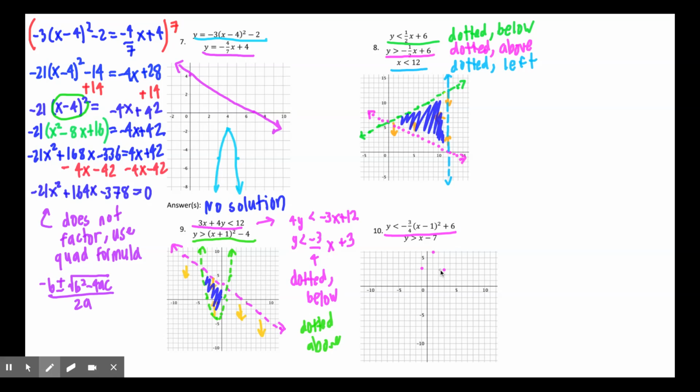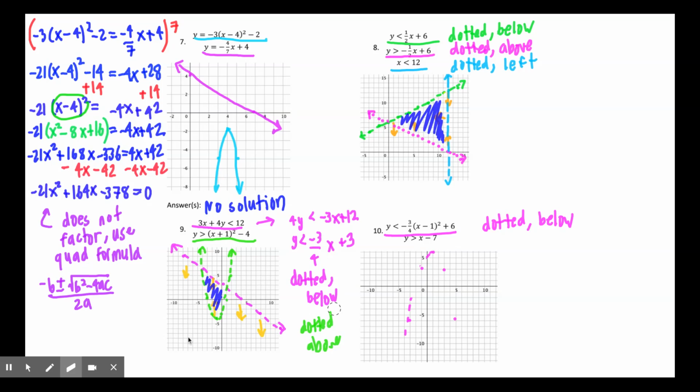Okay, and this one is going to be dotted and below.